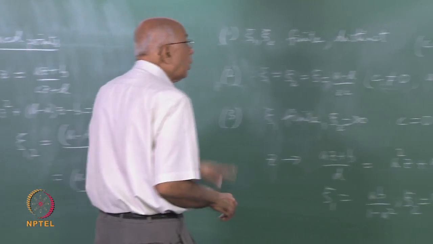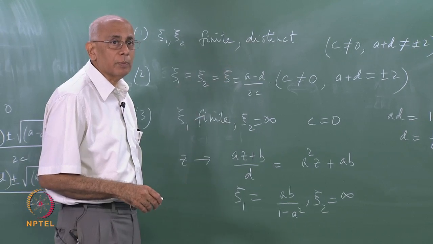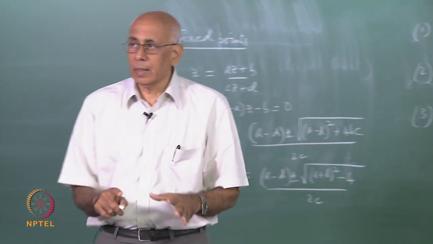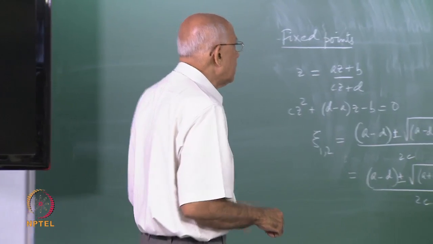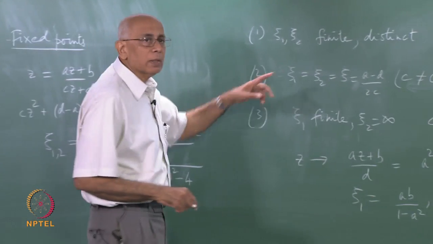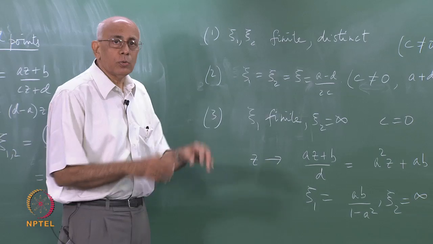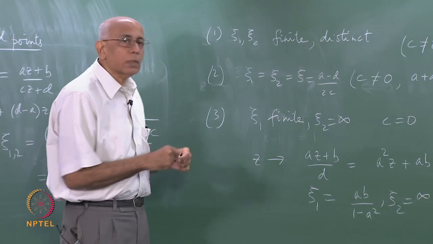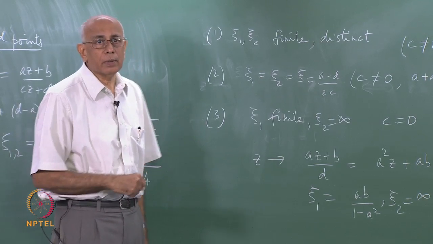So we have four possible kinds of transformations depending on the number of fixed points and where they are. In the case when C is not 0, you have two possibilities. Either you have two finite points which are fixed points which are distinct, or the 2 points are finite but coincide with each other.